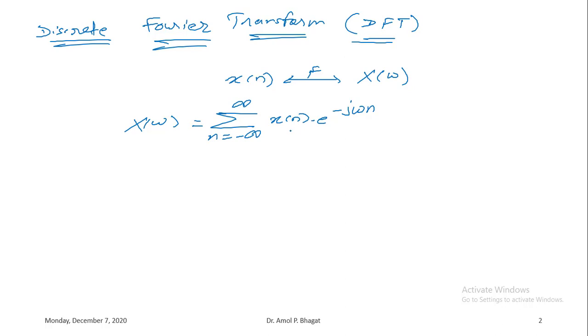So x of n can be represented by samples of its spectrum X of omega. Such a frequency domain representation is called the discrete Fourier transform. Instead of taking infinite limits, we represent this over specific limits.